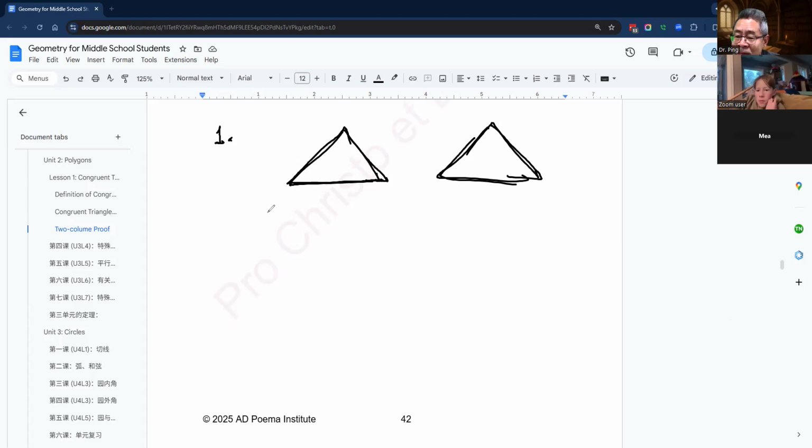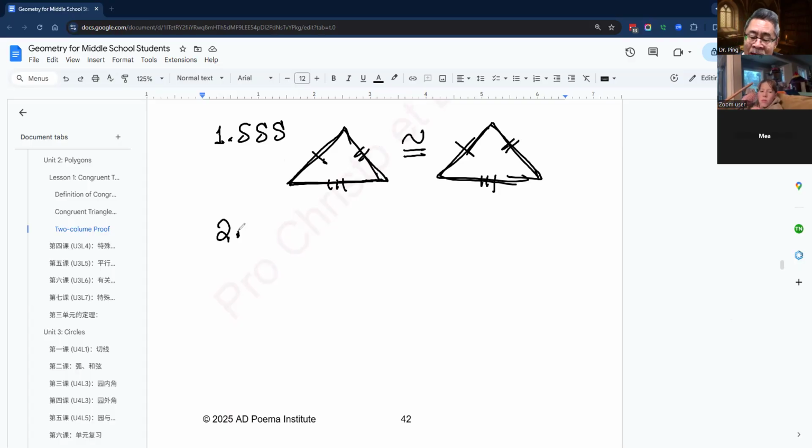Well, the first one actually is side. So that side is congruent to that, this congruent to this, then this congruent to that, then these 2 triangles are congruent.